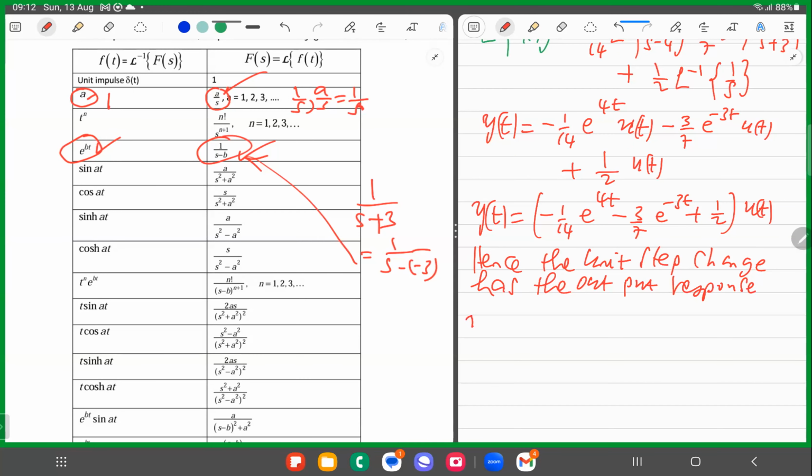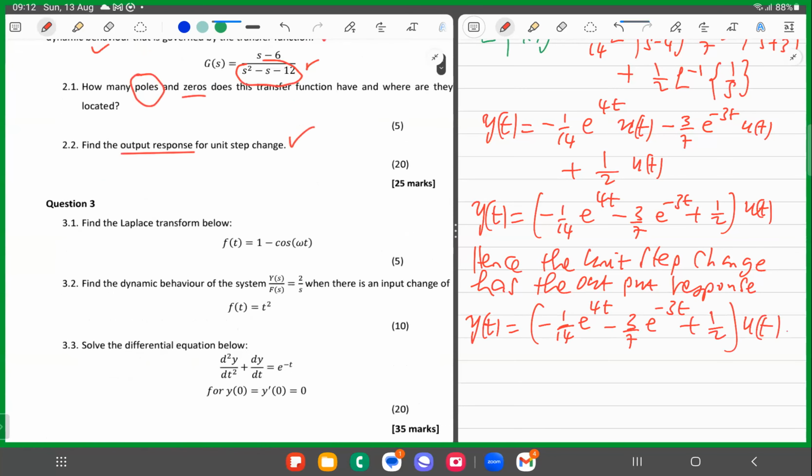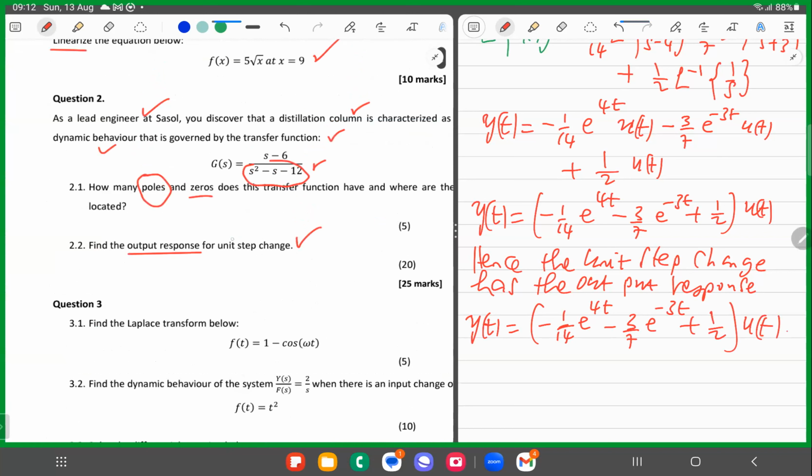What is the output response? It is y of t equals minus 1/14 e to the 4t minus 3 sevenths e to the minus 3t plus 1/2 times the unit step function. Okay, so we have answered that question. This question here is the one for the unit step change, for 20 marks.